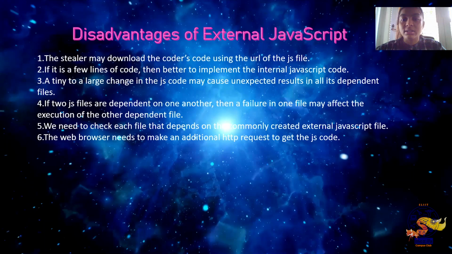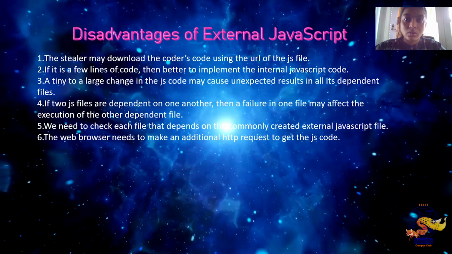A tiny change in external JavaScript code may cause unexpected results in the whole files. If two JavaScript files are dependent on one another, then failure in one file may affect the other file also.